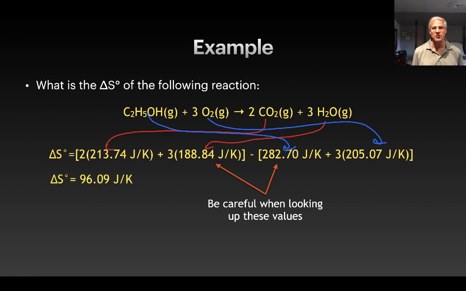And so when you work out this problem, you get an entropy change of 96.09 joules per Kelvin. And so we see that positive entropy change, and a couple things might make us guess that. We're going from 4 moles of gas in the reactants to a total of 5 moles of gas in the product. And so that gives us a little bit of entropy boost as well.